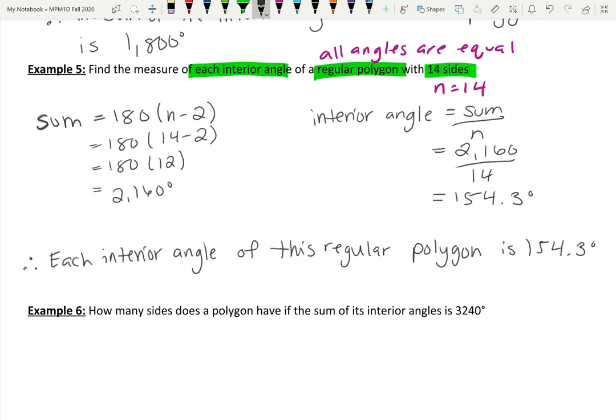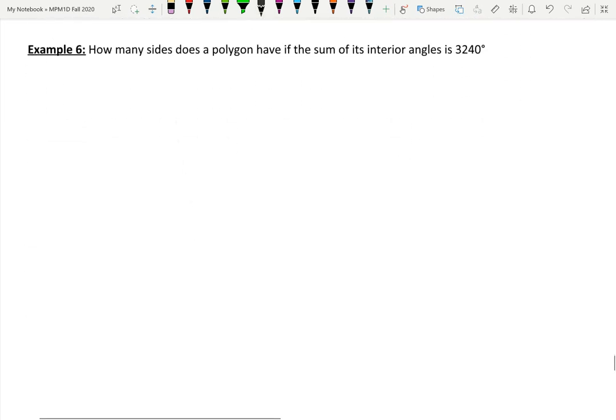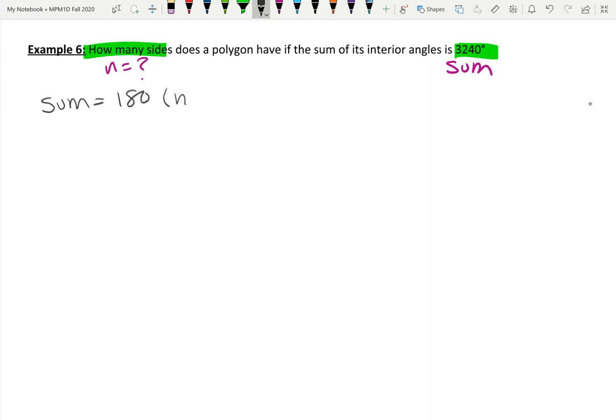Example 6. How many sides does a polygon have if the sum of its interior angles is 3,240 degrees? So this is my sum. How many sides? I'm trying to find n. So this time I'm plugging in my value for sum.